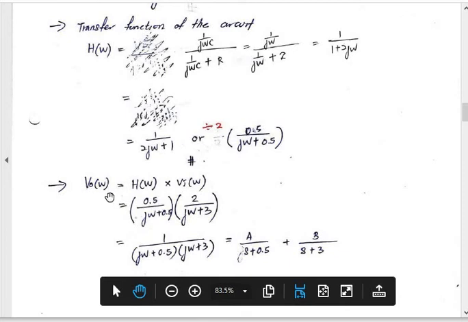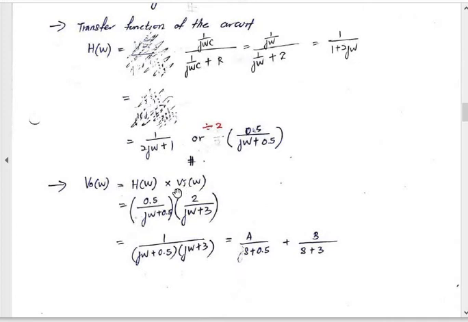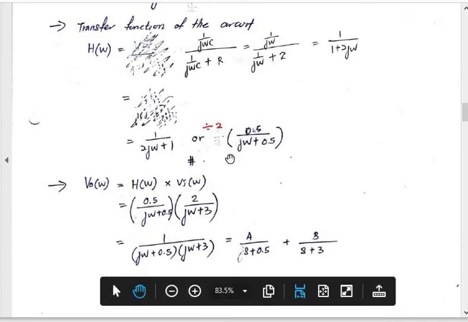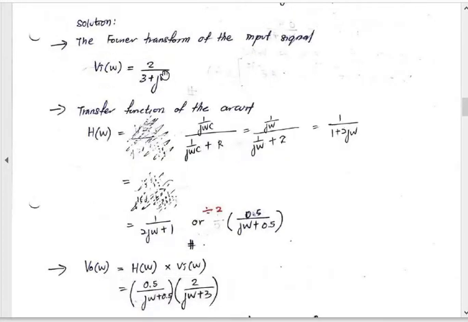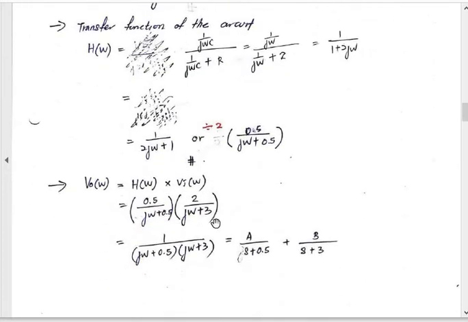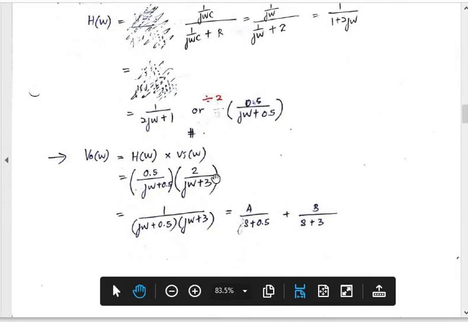So V out is H of omega times V in. H of omega is 0.5 divided by j omega plus 0.5, and V in we have is 2 over 3 plus j omega. Again we use the partial fraction expansion to solve.